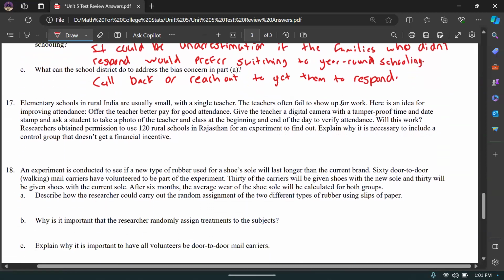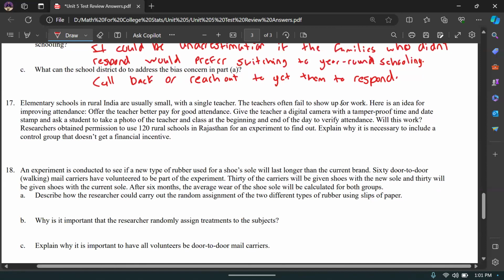All right, number 17. Elementary schools in rural India are usually small with a single teacher. The teachers often fail to show up for work. Here is an idea for improving attendance. Offer the teacher better pay for good attendance. Give the teacher a digital camera with a tamper-proof time and date stamp and ask a student to take a photo of the teacher in class at the beginning and end of the day to verify attendance.